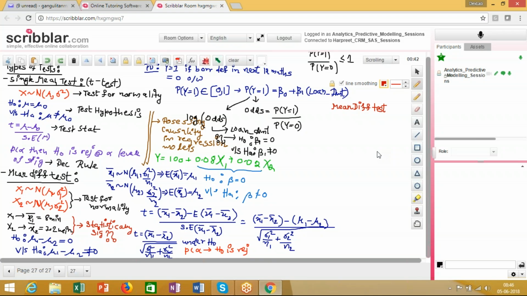And what about SAS? As we start with the modeling, for the first three or four classes I'll walk you through SAS, the basic functions, and as we work with the code, I will keep on explaining how one particular function is used for one particular step.